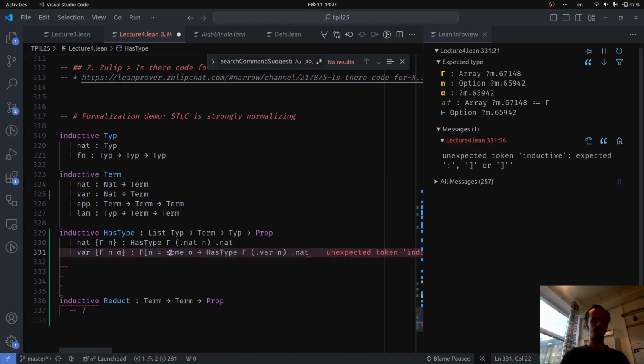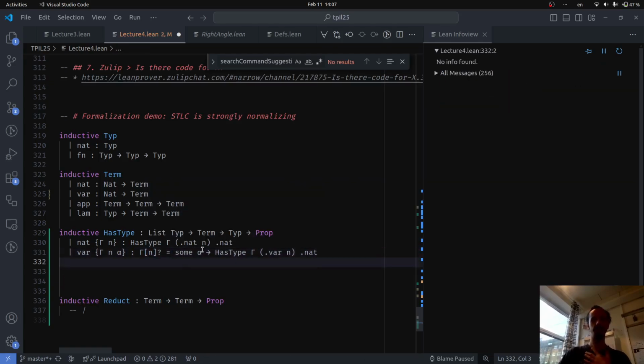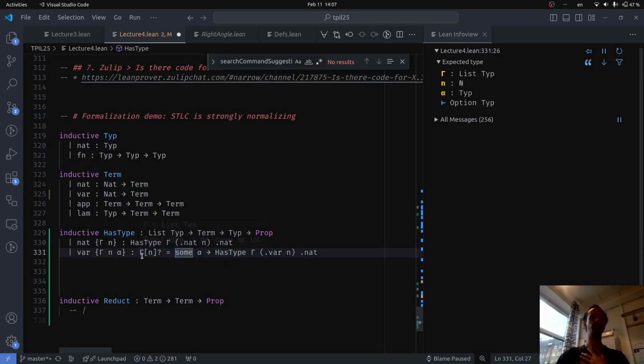Oh yeah, actually, I think I can write it like this. Maybe I'll do that. So if you get an element of the list, and you get some alpha, then the type of a variable is going to be alpha.